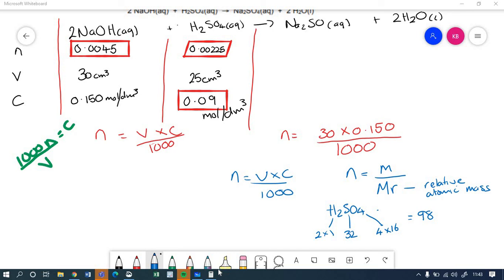We sort of ignore this part because we're converting from moles per decimetre cubed to grams per decimetre cubed. The decimetre cubed stays the same.